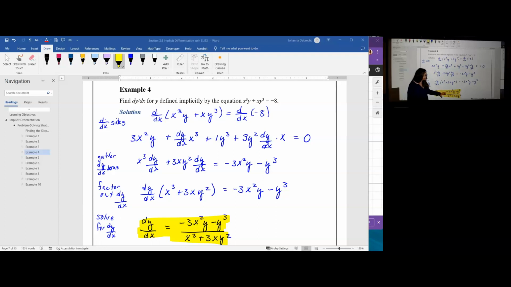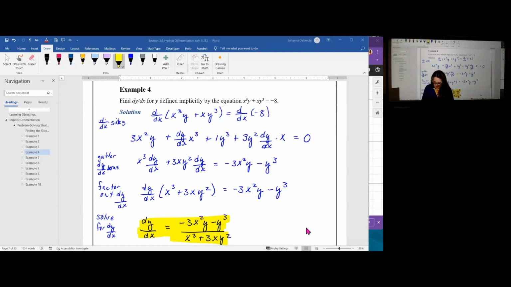I do have a common factor of y in the numerator, but it is not common in the denominator because it's not in the x cubed, which means unless I can factor it out and change the numerator and denominator into things with parentheses around everything, I am not allowed to cancel.